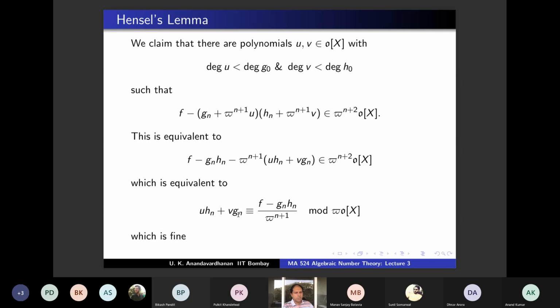Therefore, from the very first observation, you can write 1 as something times Hn plus something times Gn with these properties. Degree of U is less than degree of Gn, which is degree of G0, and degree of V is less than degree of Hn, which is degree of H0. Okay, you can write 1 itself like that, but if you can write 1 as that, you can write any other polynomial like that by multiplying by this throughout.